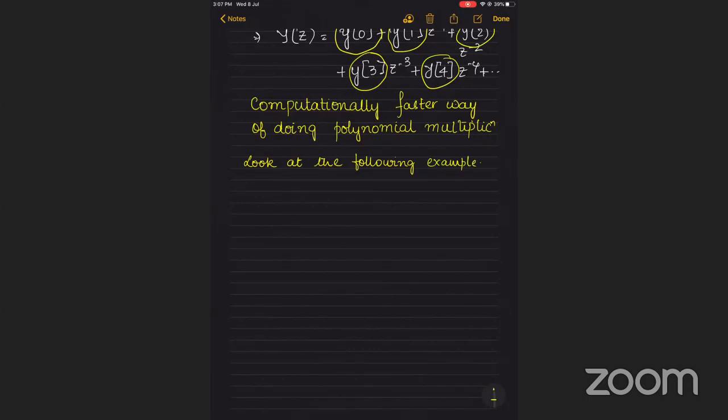What we are going to do is something interesting. We are going to take the help of polynomial interpolation to do this computation faster. What do we mean by that?